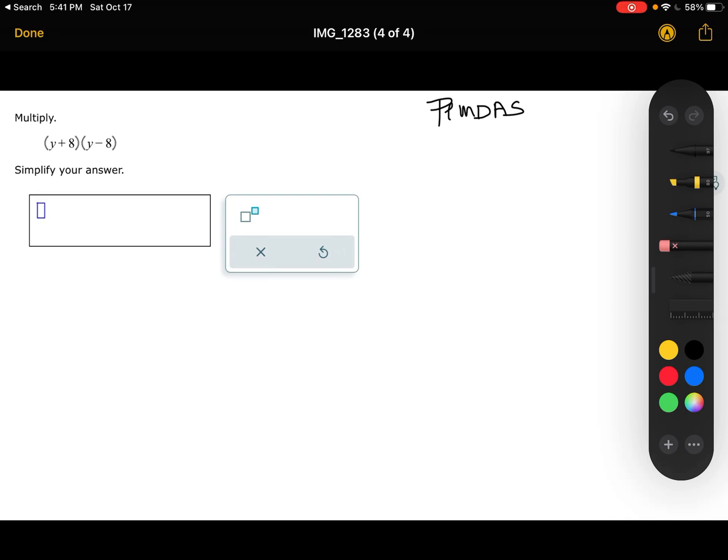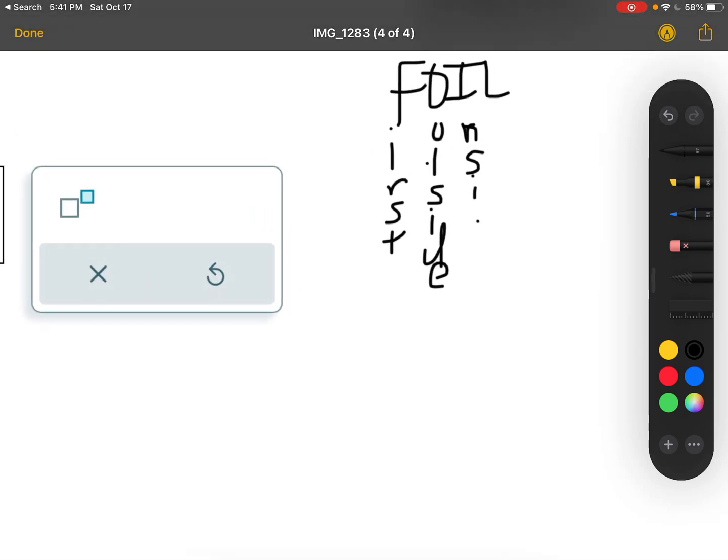Now, with this type of question, there's a very specific way to do that. And that is called FOIL. All right, so that stands for first, outside, inside, and then last.